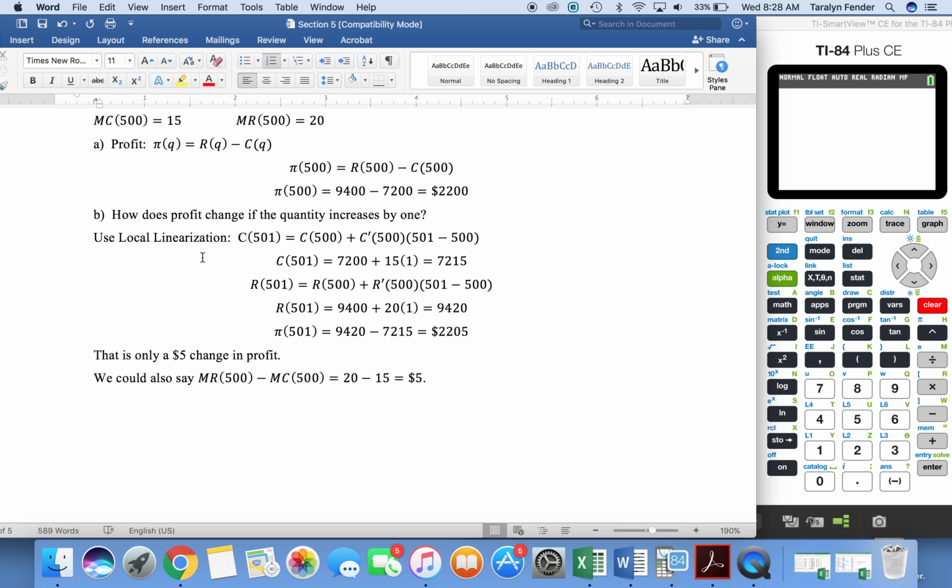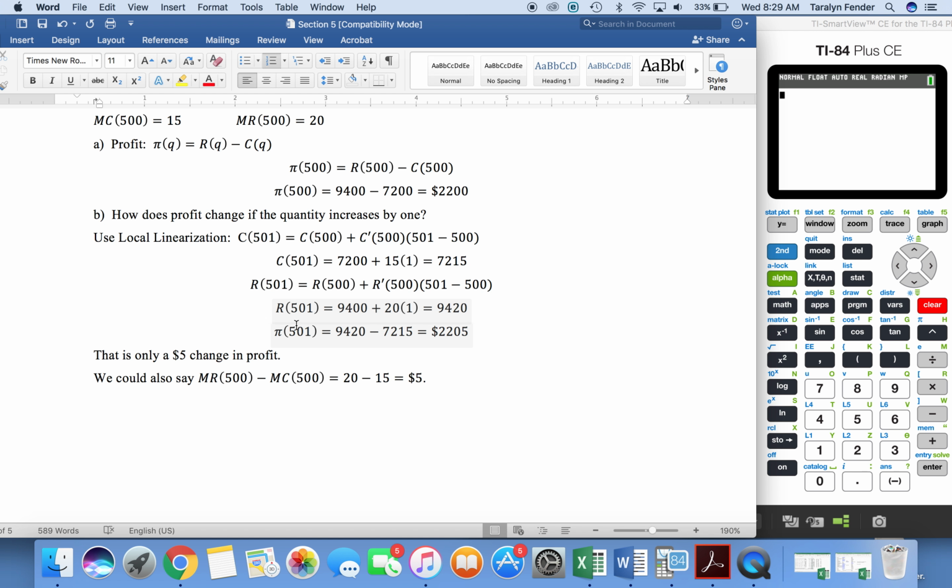So now we're using the local linearization formula that we learned earlier. C of 501 is equal to C of 500 plus the derivative or slope, C prime at 500, times 501 minus 500, so you just multiply this out, and the cost is now $7,215.